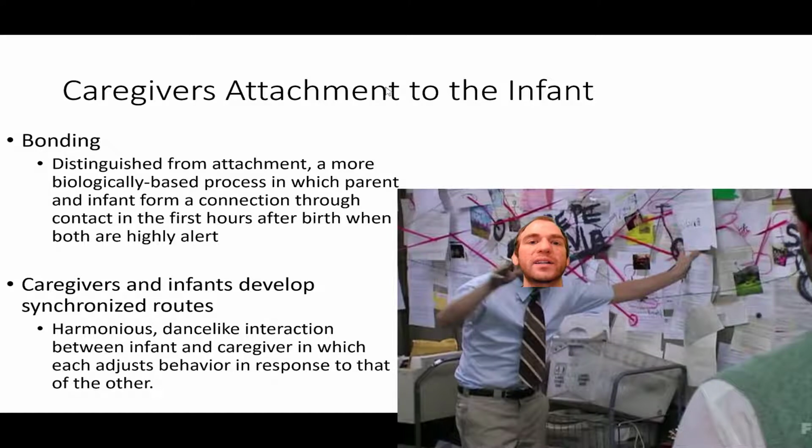Here, this bonding is more of this immediate, automatic, almost duck-like innate process, wherein a form of connection is present between parents and their children almost immediately. And through those early days and months of working together, caregivers and infants respond to each other and adjust their behavior in response to each other's behavior.